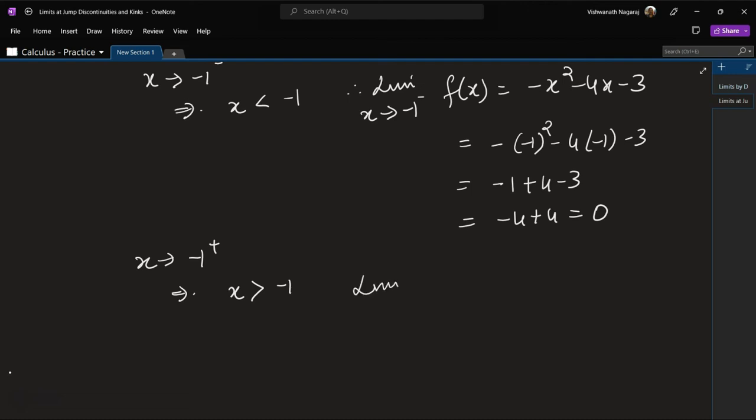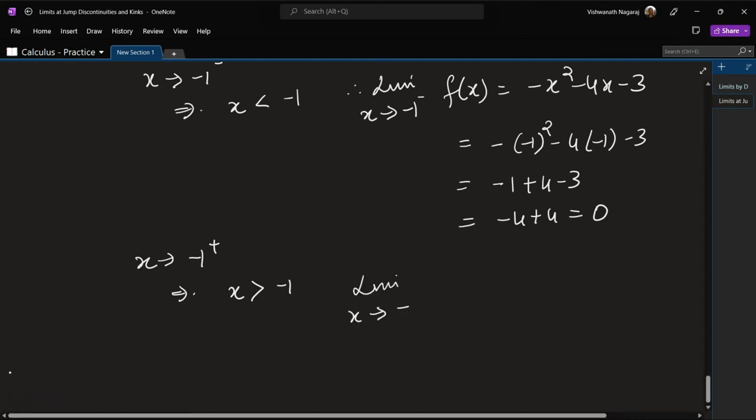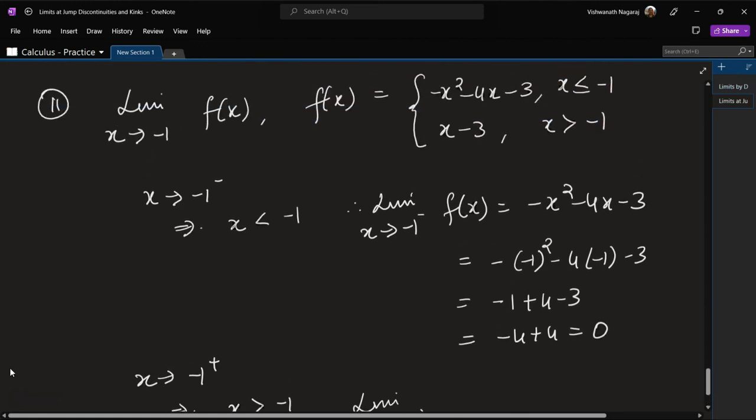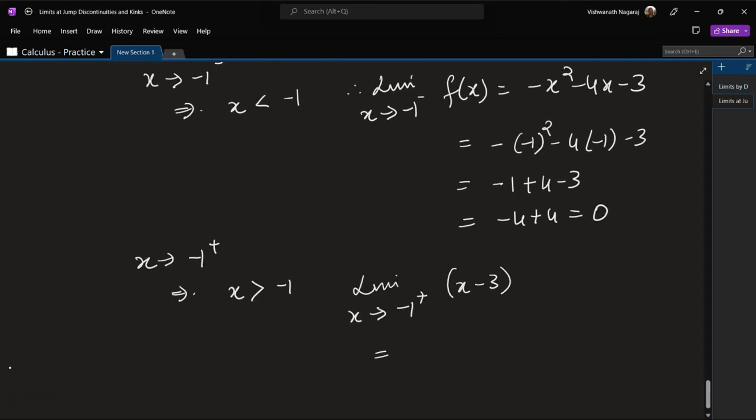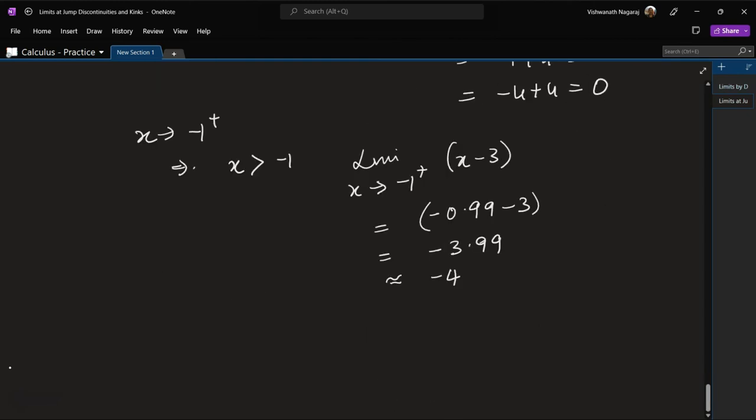But in this case, our limit statement becomes as x approaches minus 1 from the positive side of x minus 3 equal to, from the positive side, that means minus 0.99 minus 3, which is equal to minus 3.99, which is approximately equal to minus 4. So here again, left hand limit is not equal to right hand limit. So therefore, no limit exists.